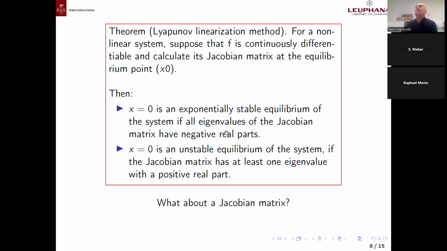Exponentially is clear because in a linear system, exponential stability equals the asymptotic one in this sense. But asymptotically is wider. Or we can say unstable if at least one eigenvalue is positive, as we have seen. Basically, this reflects these two criteria, the linearization, and what we learned in math, and also here in the context of linear systems.